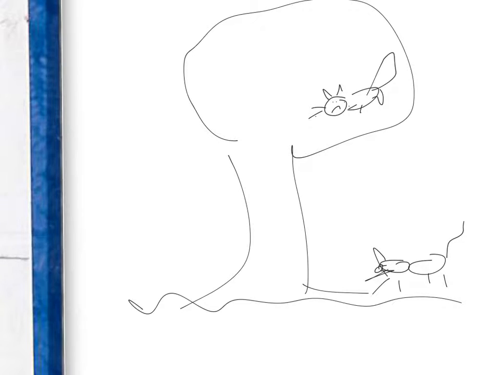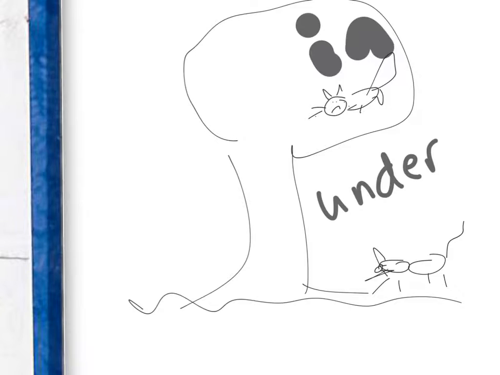And if I'm using prepositions, I can say the cat is in the tree. The dog is, let's make that smaller, under the tree. The dog is next to the tree trunk.